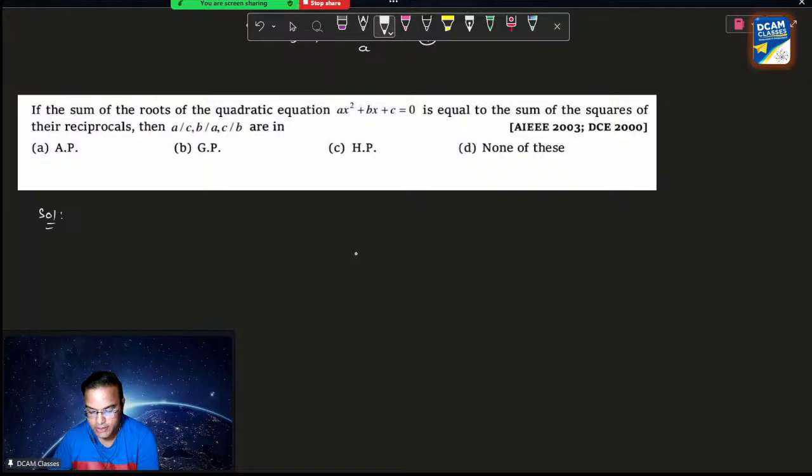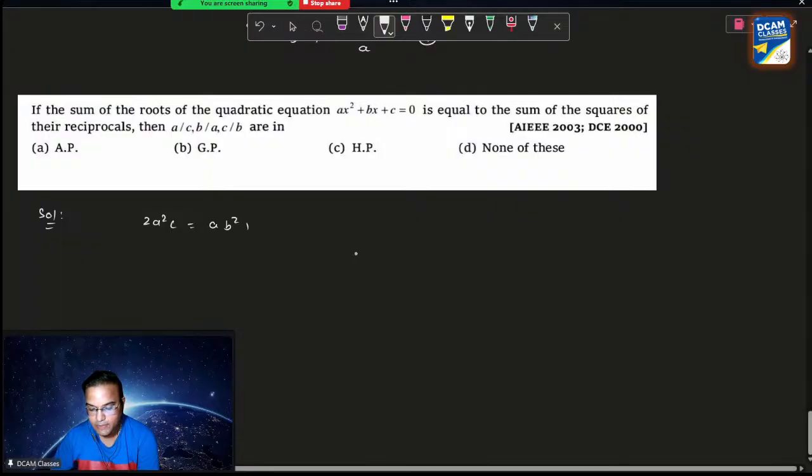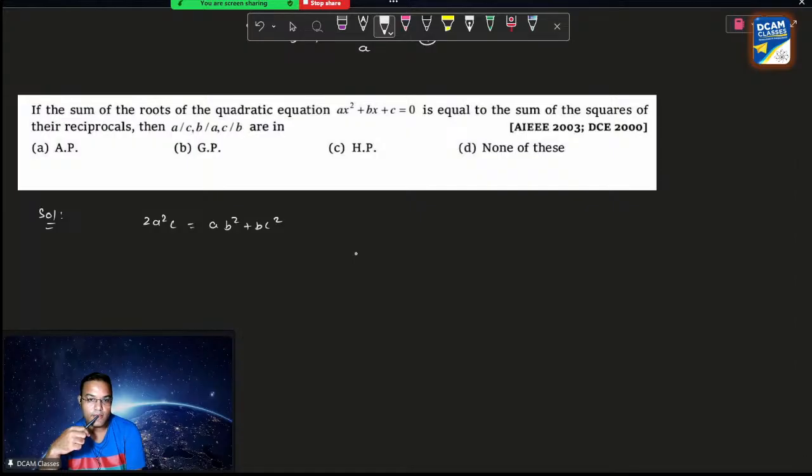No, Shyama, what they are getting now is 2a square c is equal to ab square plus bc square. This thing they're getting. I'll tell you.